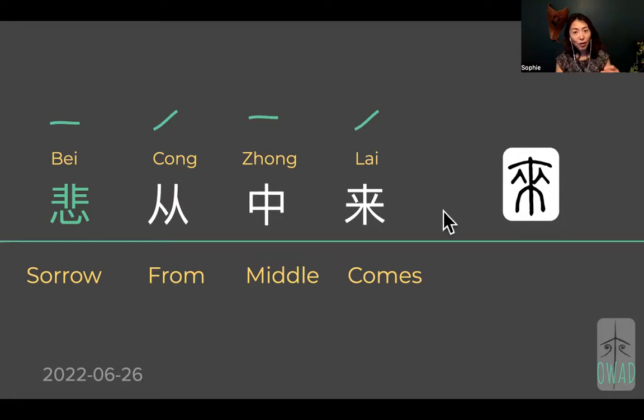Okay. 中, we talked about this block is our mouth symbol. It's also multifunctional. It simply means a contained entity with a border, right? So this is a block, its own space, an entity, something. And then we cut a straight line right in the middle.